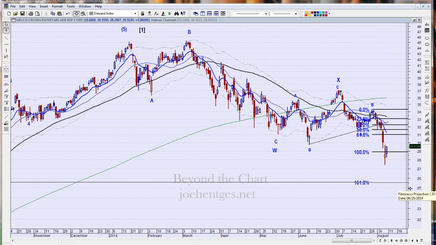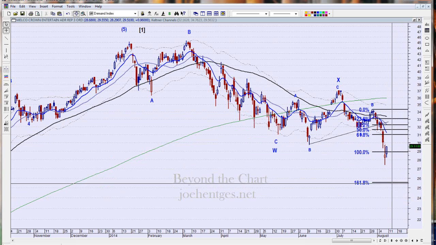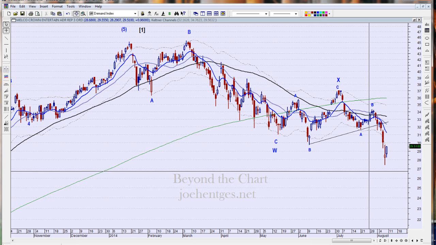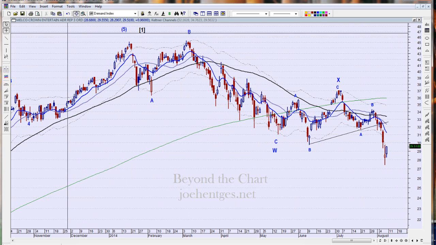That's right at 25.5. So I think we've got more room to the downside. And today, at 1:30 in the afternoon here in Central Time in Texas, MPEL is down 51 cents.